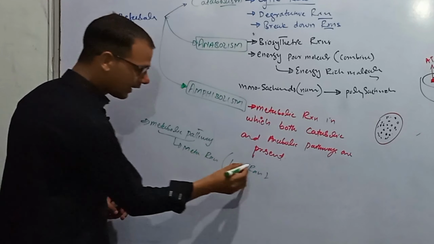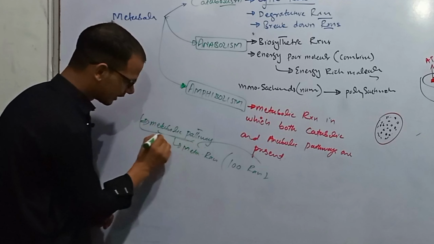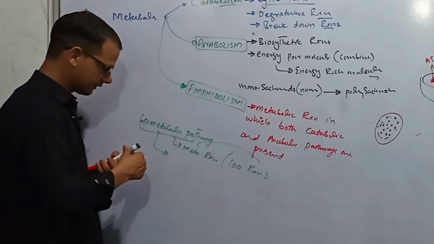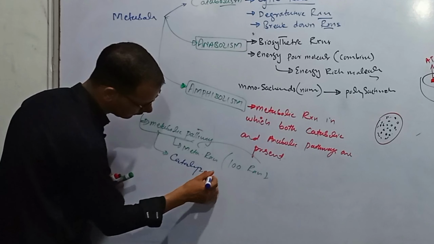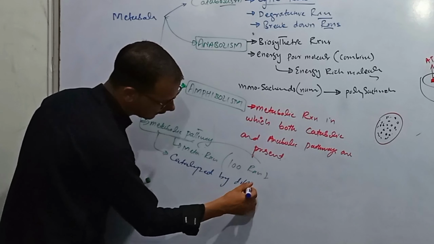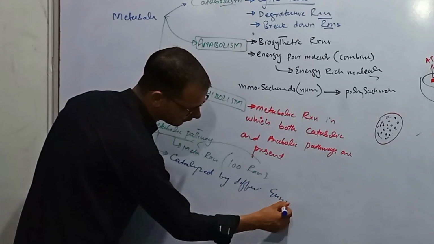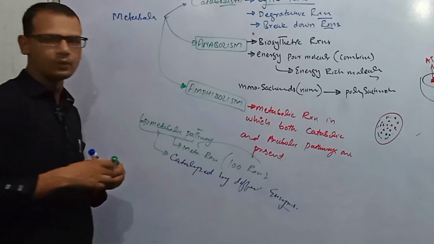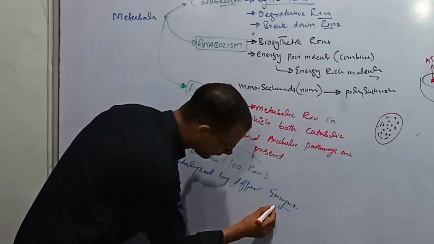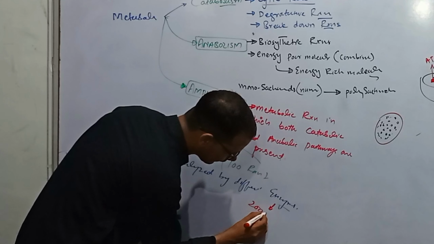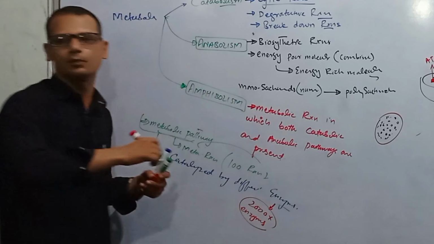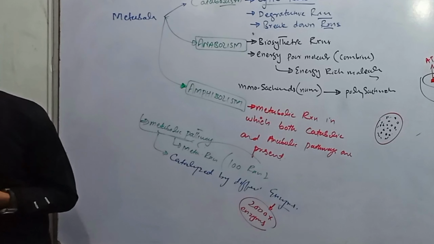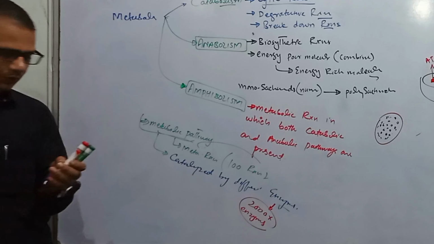And all these metabolic pathways are catalyzed by different and specific enzymes, and up to now more than 2000 enzymes are developed in our body, right? So metabolic pathways and metabolites.